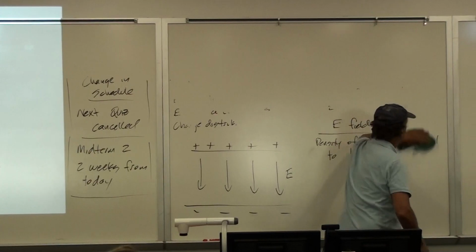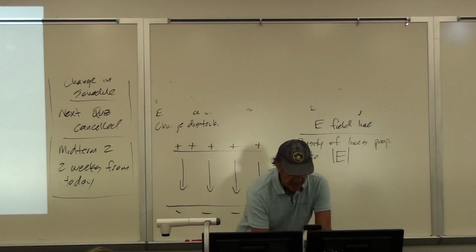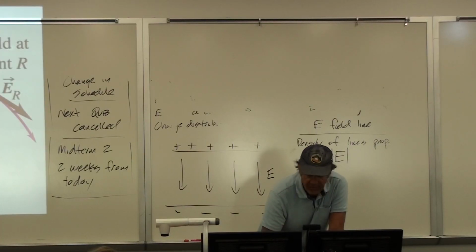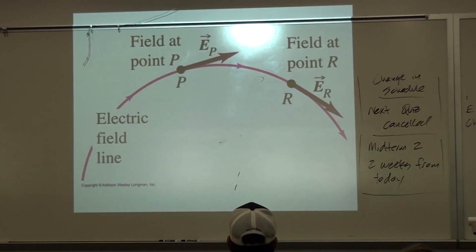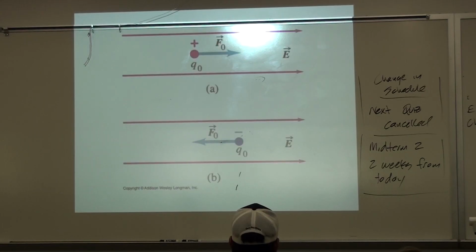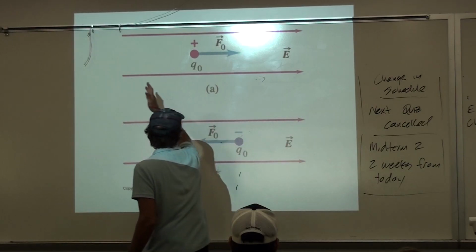Next thing I want to look at is, well, we've just been doing this so far for point charges. What you do with electric field lines, you draw them tangent to the electric field at a particular point. That gives you the direction. And here, we can see that the electric field lines go this way.